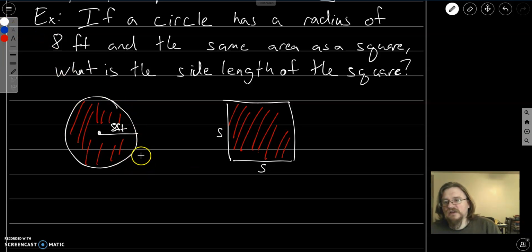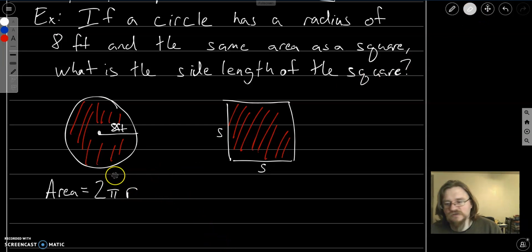So we're going to have to put a couple of things together. First of all, if I know that the area of the circle and the area of the square are the same thing, let's write down some formulas for these guys. So the area of a circle is going to be 2 times pi times r. Excuse me, this is very incorrect. It's going to be pi times r squared.